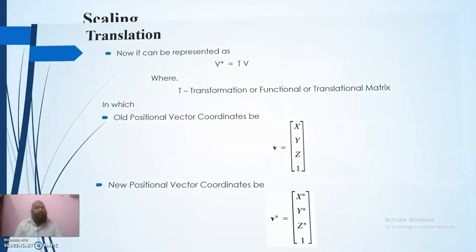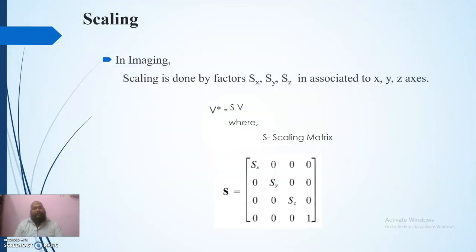So next we can see scaling. This is for the purpose of zooming in or zooming out of the image. We just add some scaling factor, a multiplication factor. Corresponding to that, we create a scaling matrix with the scaling constants sx, sy, and sz.